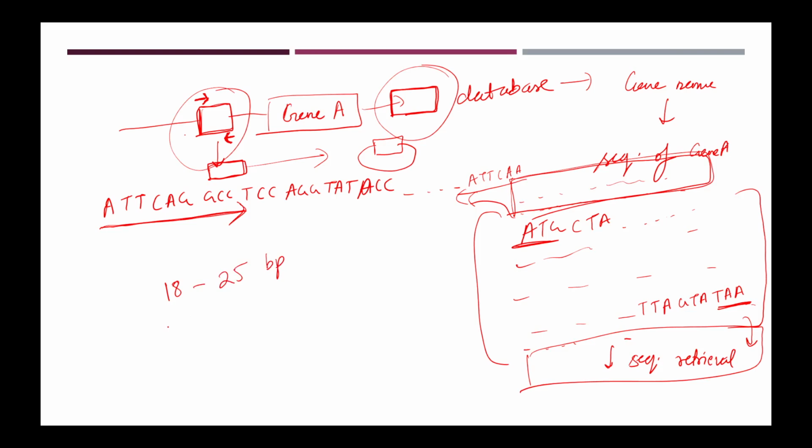It should have a melting temperature in the range of 50 to 65 °C. It should have at least 50% GC content. These are all the primer requirements. Between the forward primer and reverse primer, the melting temperature should not differ by more than 5 °C. Keeping all these things in mind, you design primers.